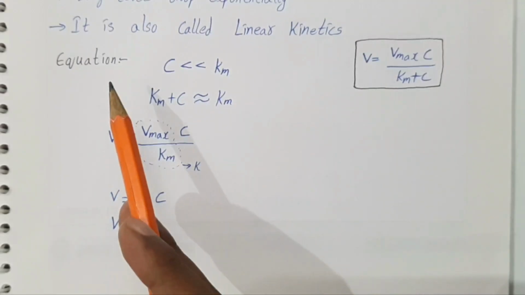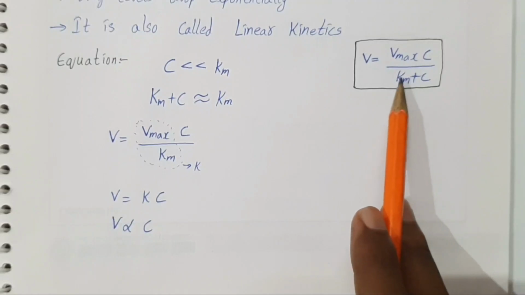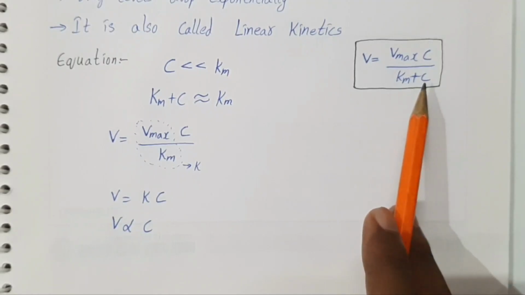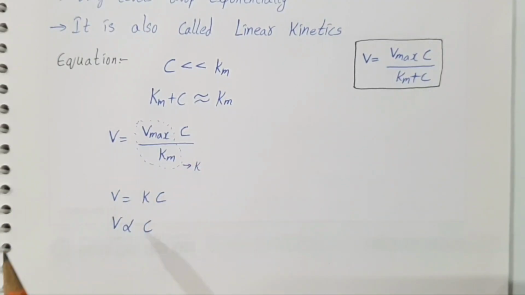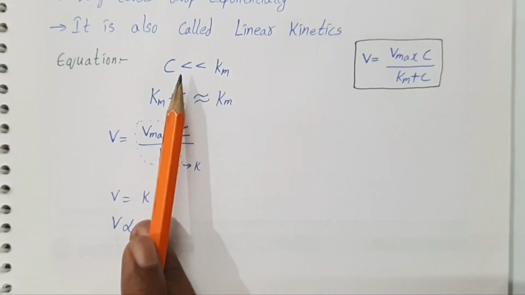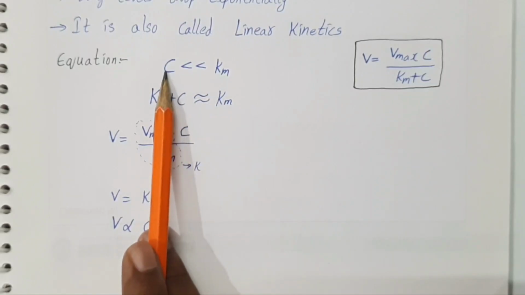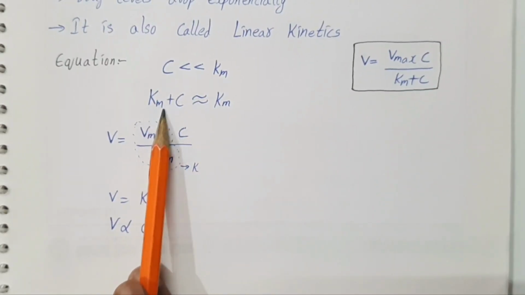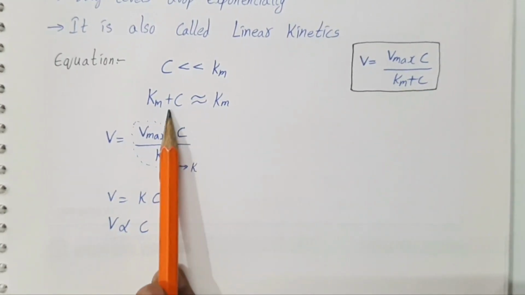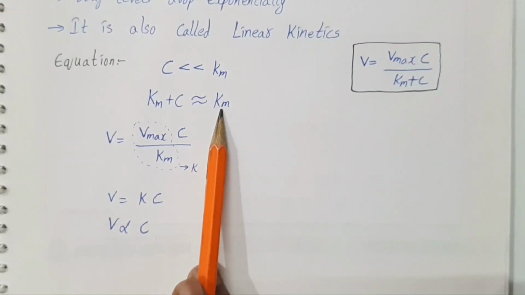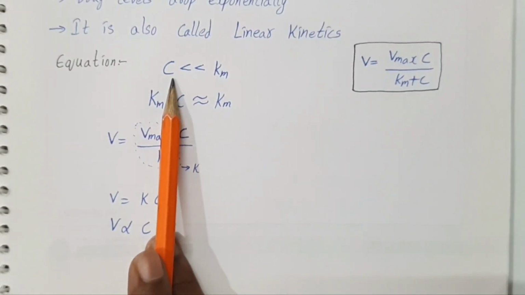Now let's see the equation. This is the general equation that we saw before. So in first order kinetics, concentration is very less when compared to Km. So Km plus C we can write as Km only, because concentration is negligible.